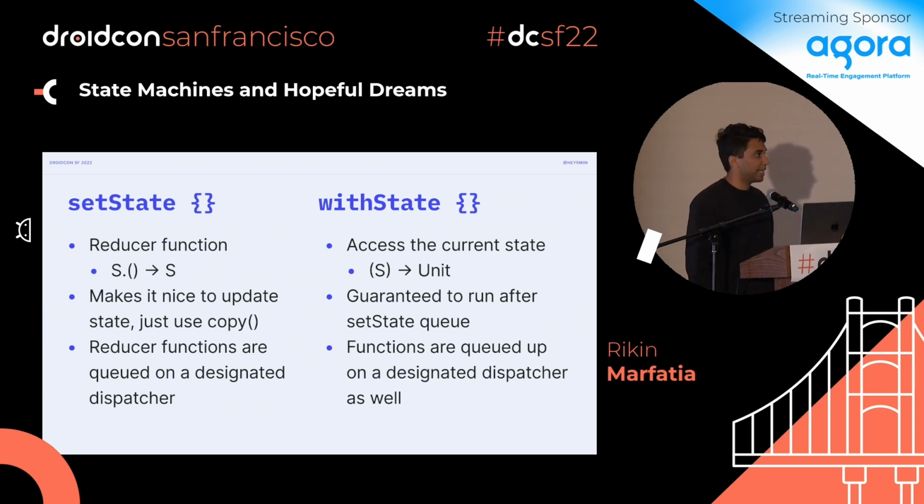The one guarantee that you get with withState is that it waits until the setState queue has been fully processed. So any setState reducer operations that need to happen, it'll make sure all of those are done before you call withState. So you can have a more deterministic way of accessing state that you expect to have already been updated. So just something to keep in mind. And these also run on a designated coroutine dispatcher.